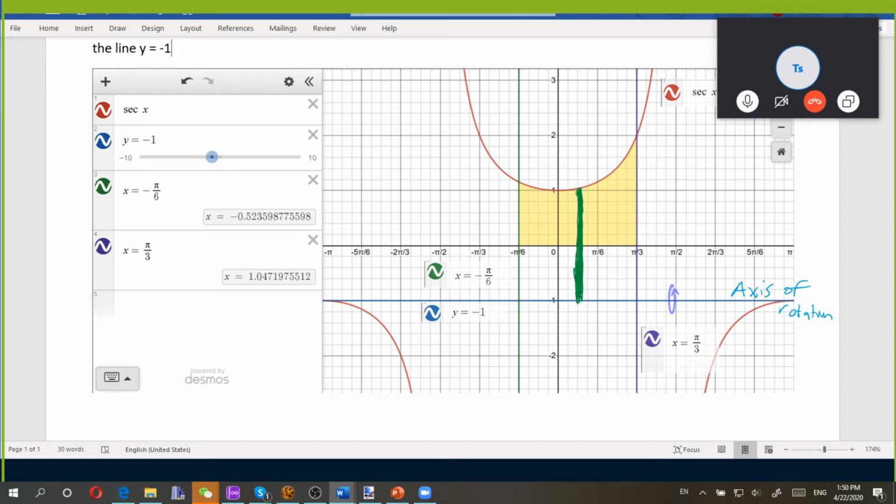Okay, so I'm not really looking for a number. I'm looking for a formula, since this distance is going to change based on our x value. It has to do with secant x and minus 1. What's the difference between them, though?